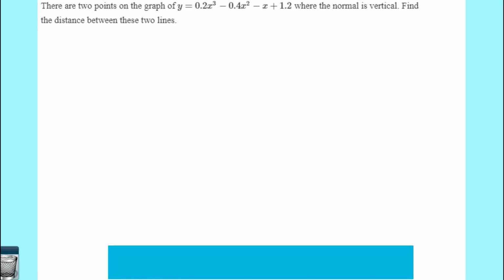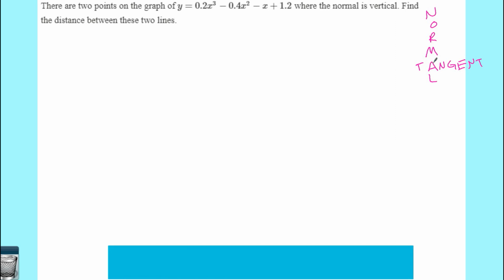Okay, getting tired, I know. Let's just hang in there. There are 2 points on the graph where the normal is vertical. Find the distance between these 2 lines. So the normal is vertical, which means the tangent must be horizontal.